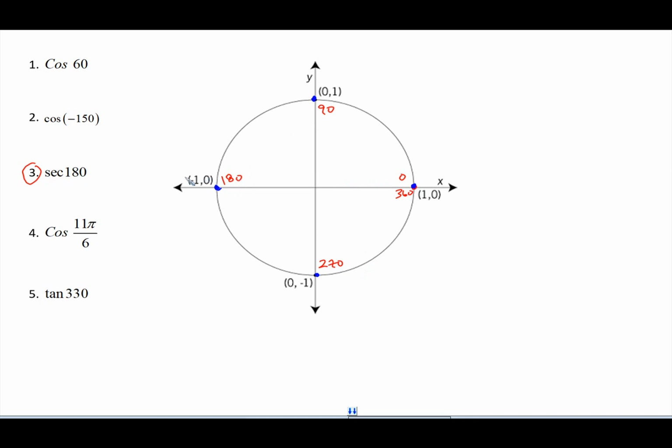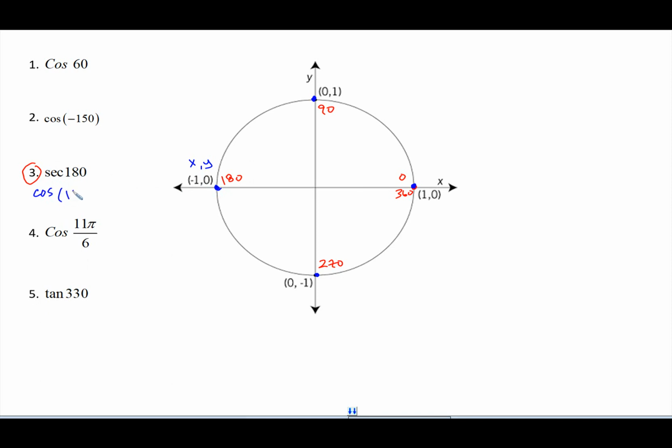So we need to find secant 180. Secant 180 is right here, so we're using negative 1 and 0. Remember, this is your x, this is your y. Secant is the reciprocal of which trig ratio? It's the reciprocal of cosine. The cosine value is the x value, so cosine at 180 is negative 1.